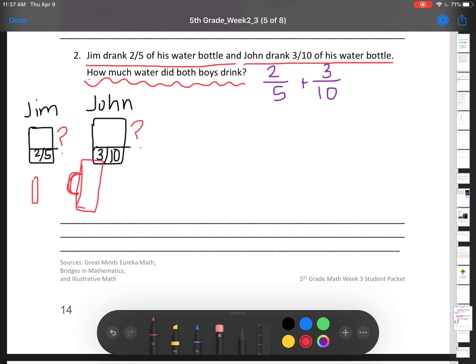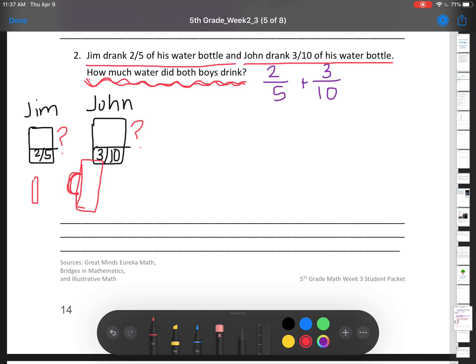bottles. So let's pay attention to the question, because remember, the question's asking me how much water did both of the boys drink. This isn't like our last problem where it said what fraction of the water did both boys drink, right? It's not asking me that. It's asking me specifically how much water. Well, first of all, I don't know what we're even measuring their water in.